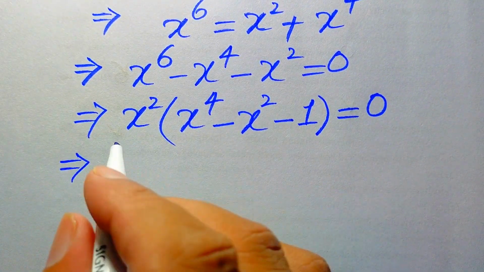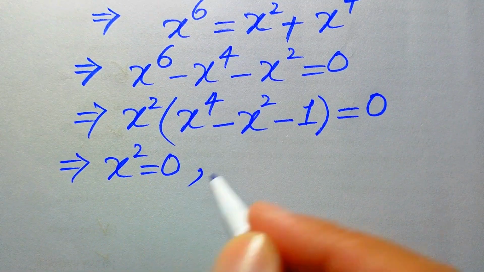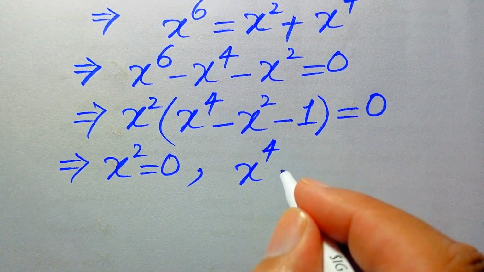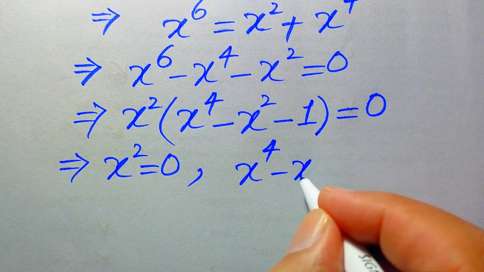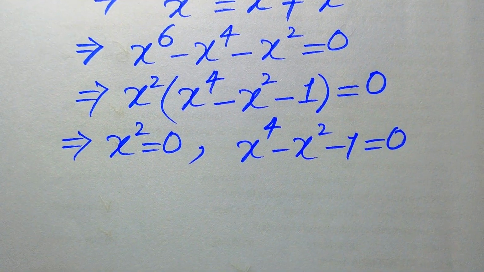Now we divide this equation into two cases. The first case is x squared equals 0, and the second case is x to the power of 4 minus x squared minus 1 equals 0.